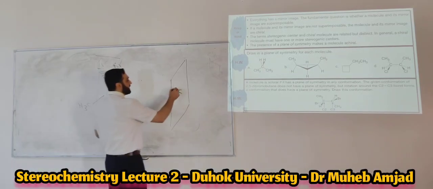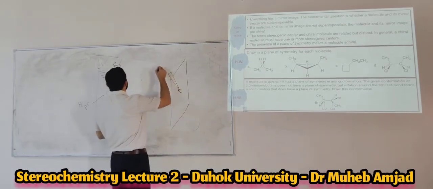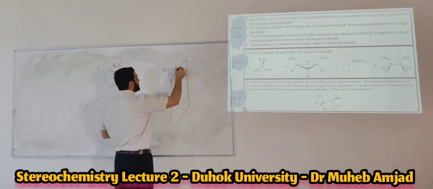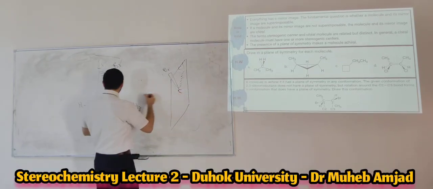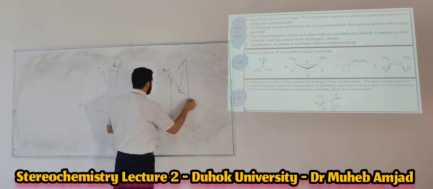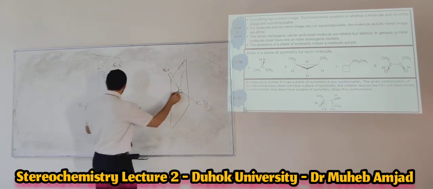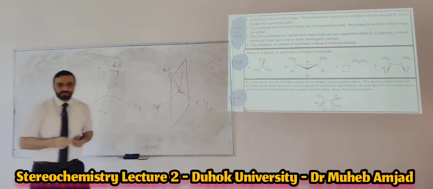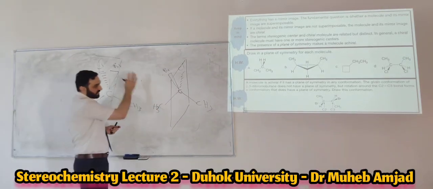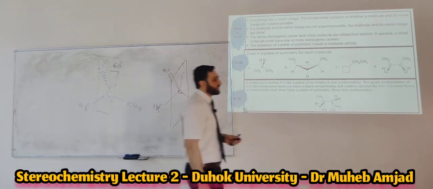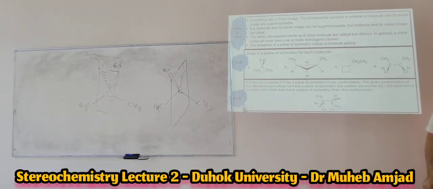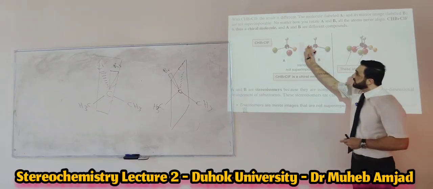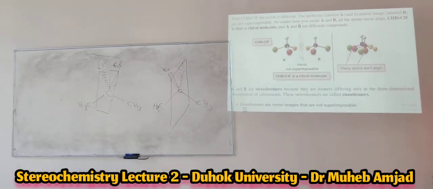Here we have, for example, the Br, and here we have the Cl, and here we have CH3 and CH3. That means cut the molecule into two parts, exactly like this.